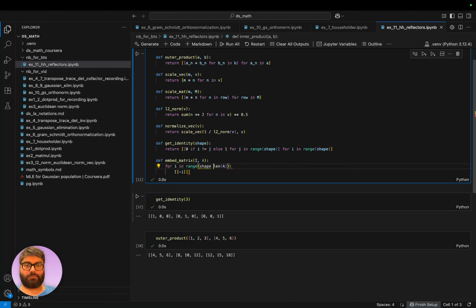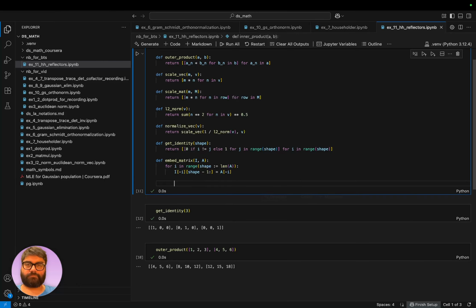Shape colon equals. Just gonna do some slice assignment where it's shape colon shape minus 1 through to the end equals a negative I, negative I. Now this technically does it in place.